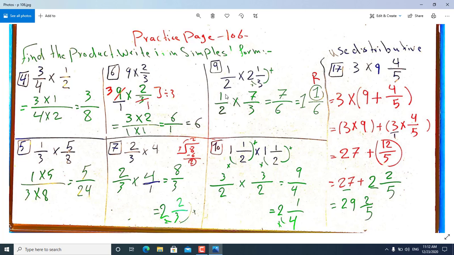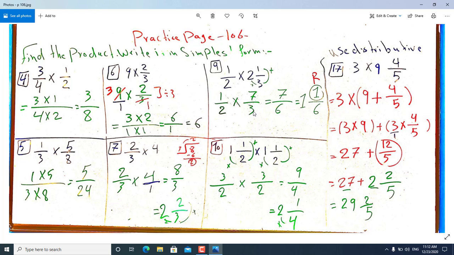From 9 we have 1 over 2 times 2 and 1 over 3. We have a mixed number. First we'll solve the mixed number. After that we look at them to see if we can simplify. So for the mixed number we multiply this 2 with 3 and add the numerator, and we write it over the fraction. 2 times 3 is 6 and plus 1 is 7. We write 7 over 3, and the first fraction we put down again. We look at them, we can't find a common factor between 2 and 7.